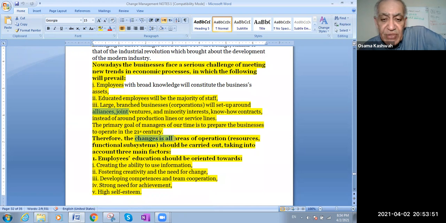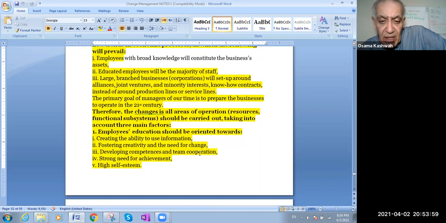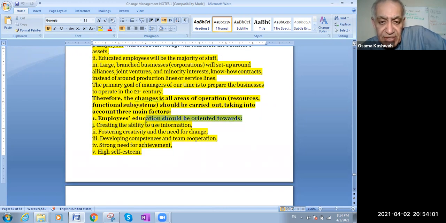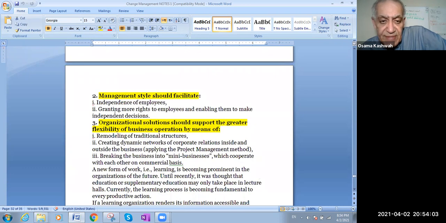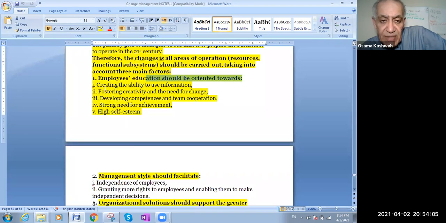Therefore, the change in all areas of operations and resource functions should be carried out taking these considerations into account. Employees and education should be oriented towards what? Towards creating the ability to use information, fostering creativity, developing the competences of team cooperation, strong needs for achievement, and high self-esteem.